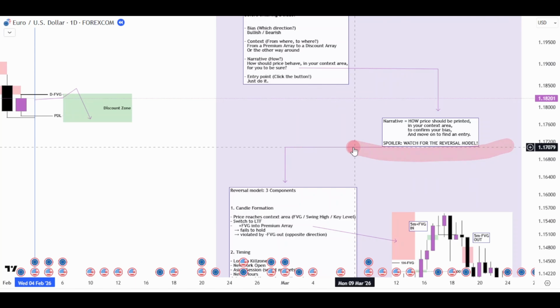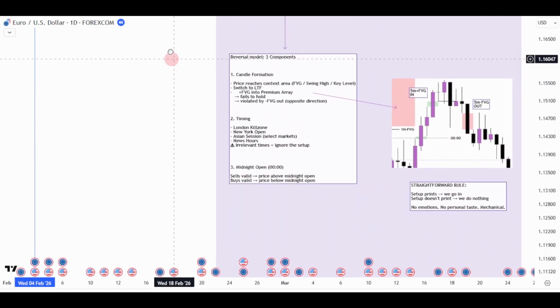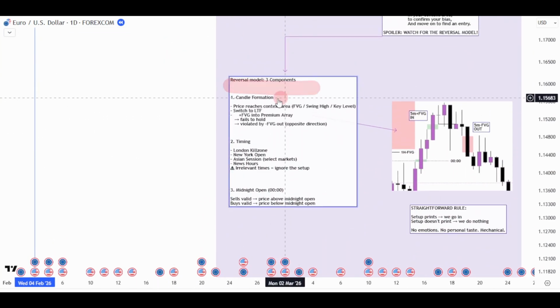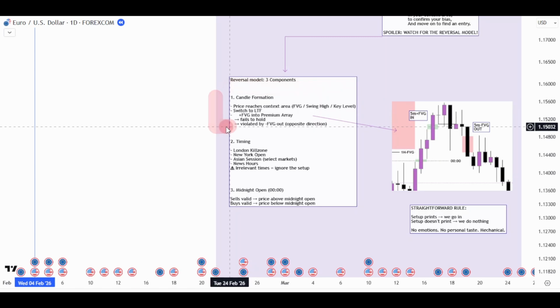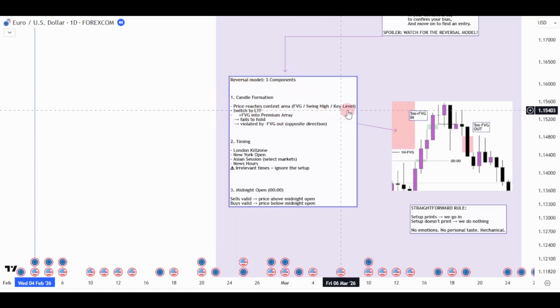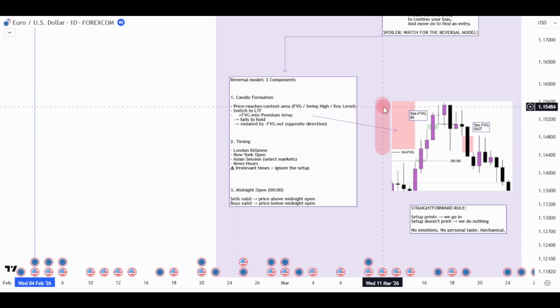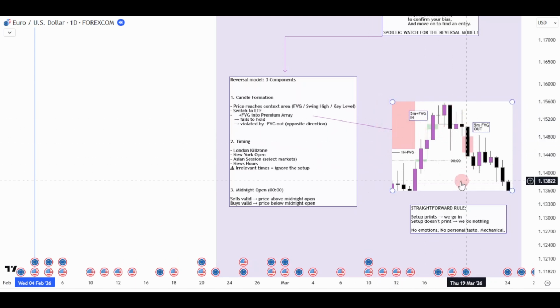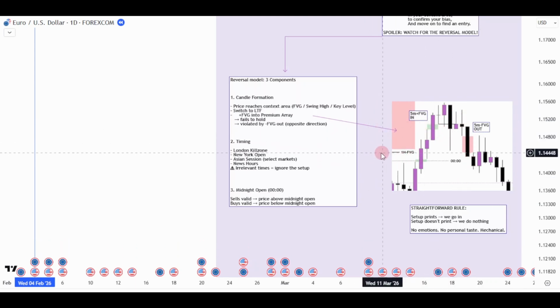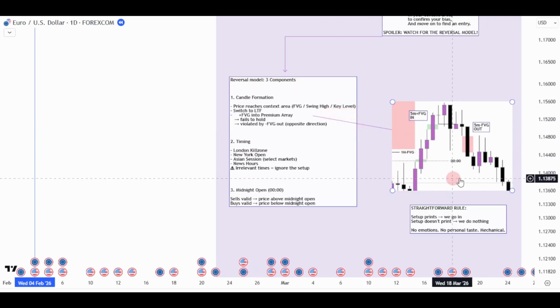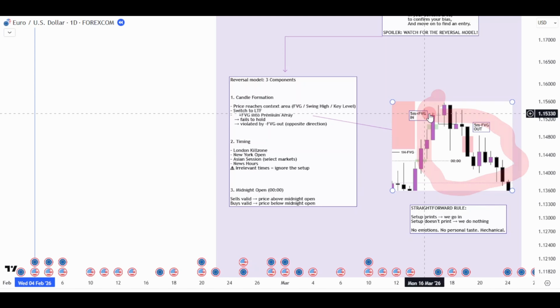Our reversal model solves it using 3 components. Number 1 is the candle formation. When price reaches that context area to manipulate, area where you expect a reversal, say a fair value gap, a swing high liquidity, a key level. At that exact time, we switch to lower time frame and wait for the following.